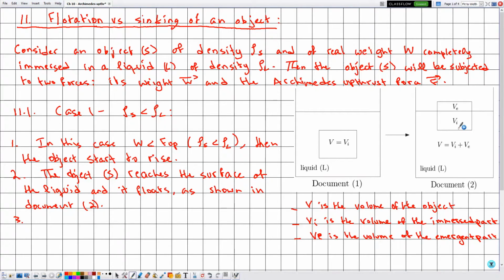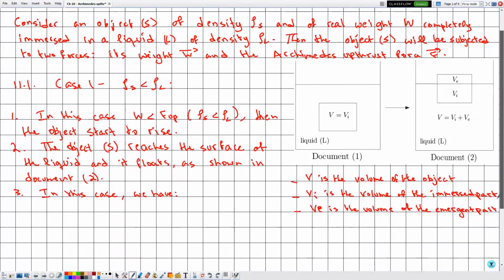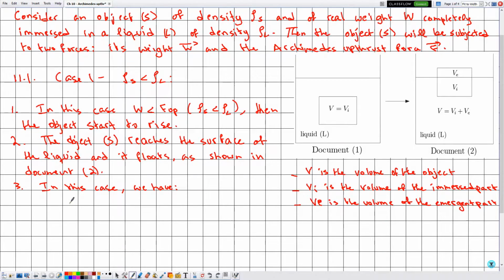In this case, when the solid S reaches the surface, because now it is at equilibrium, we can apply the condition of equilibrium. So let's say as a title, at equilibrium.